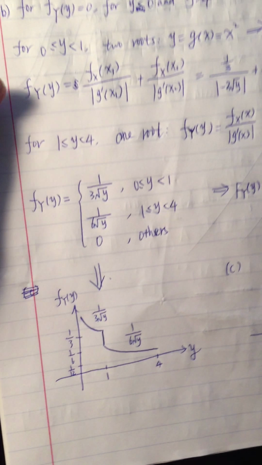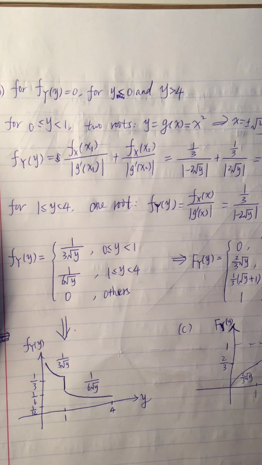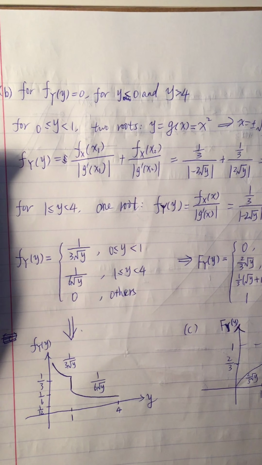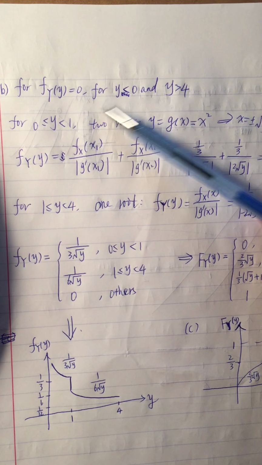For the second question, part 2, we can easily find that for y less than 0 and y more than 4, f_Y is 0.